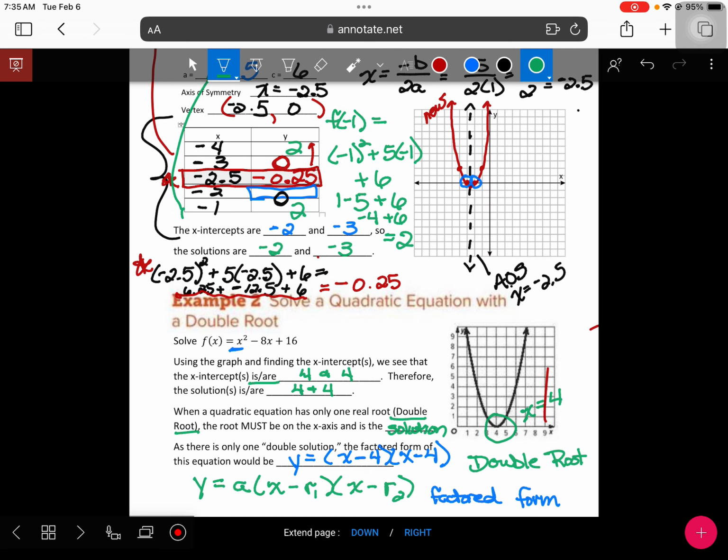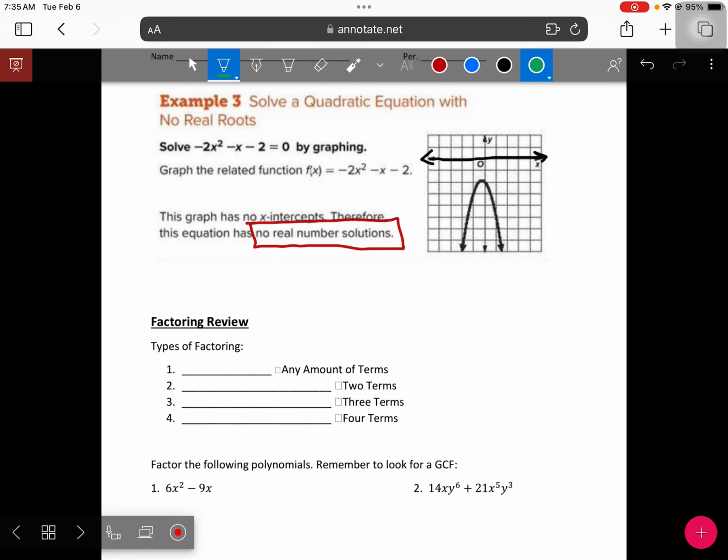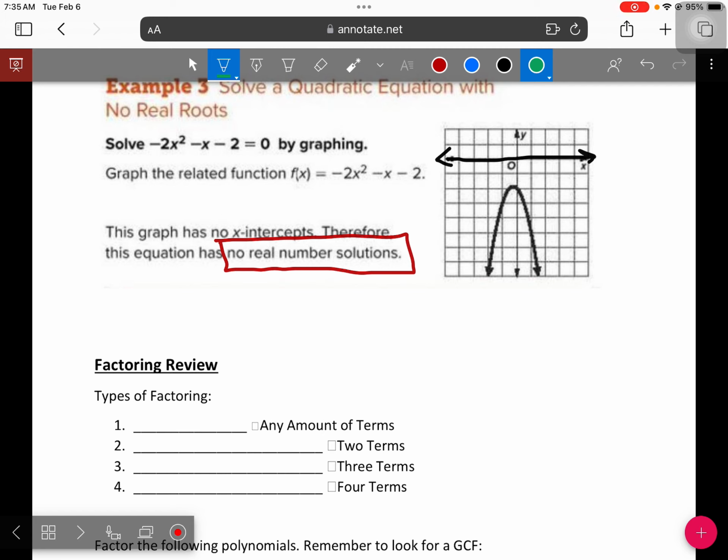All right, so we did the bottom. We talked about a double root and how that is when your parabola just touches the line and bounces back off. It's one solution, but you have 2 factors. I believe we also talked about example 3. So here is a parabola. It doesn't even cross the x-axis.